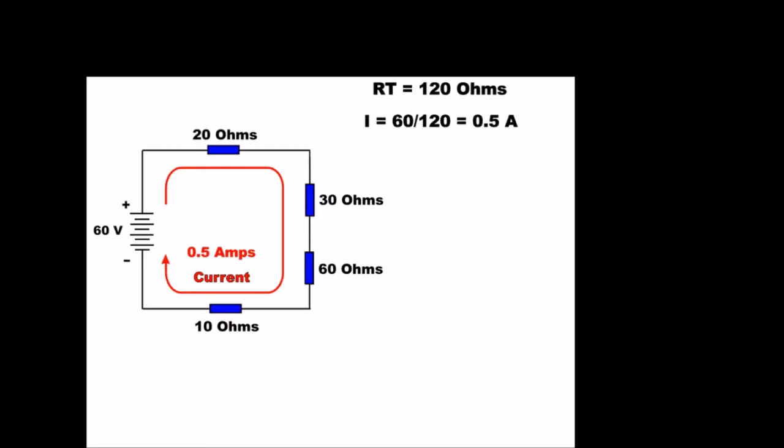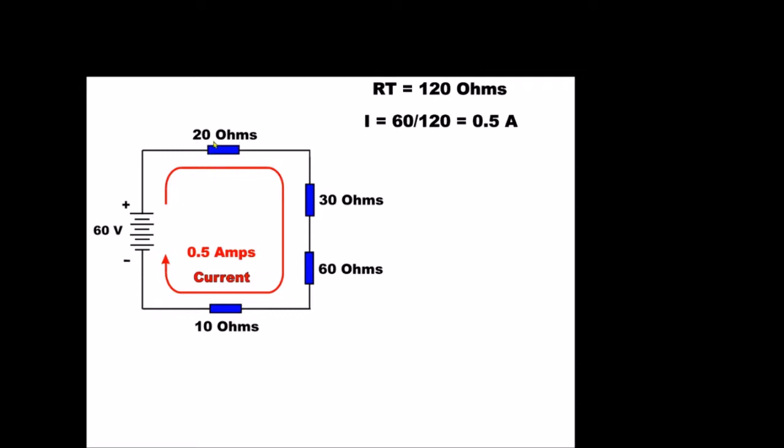All right, so let's take a look at a simple circuit that we have. Basically, we have 60 volts of electrical pressure, and 4 different values of resistance. We have a 20 ohm resistance, and we have 30, 60, and 10 ohms.